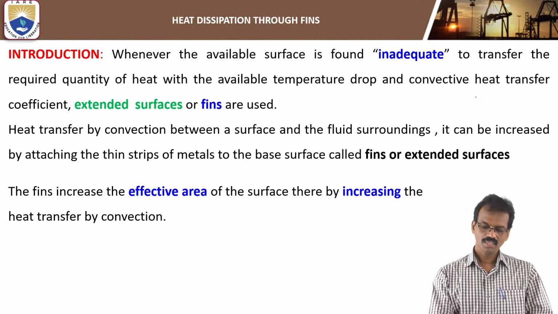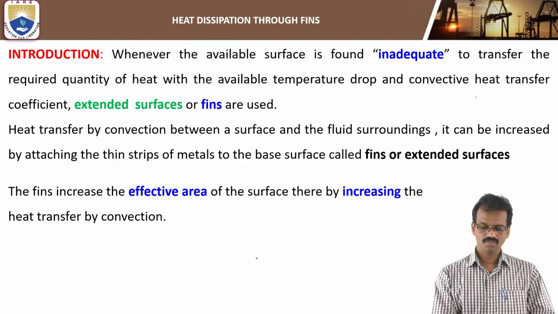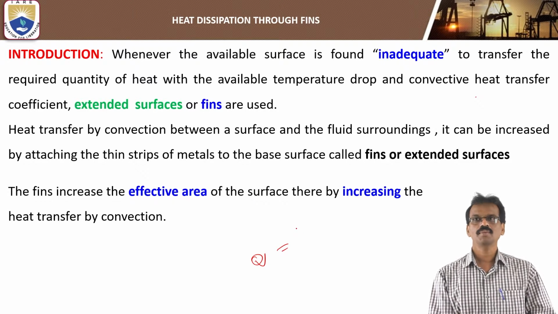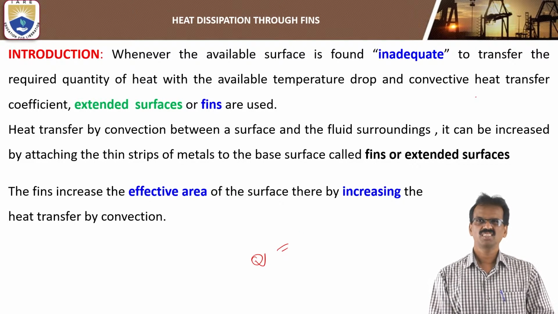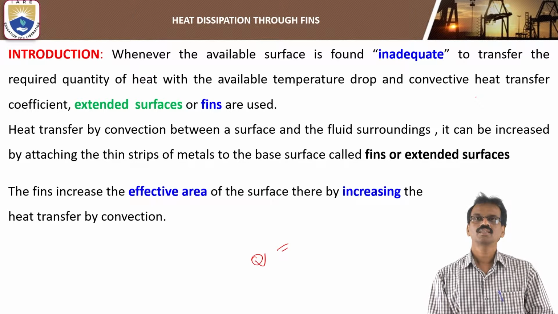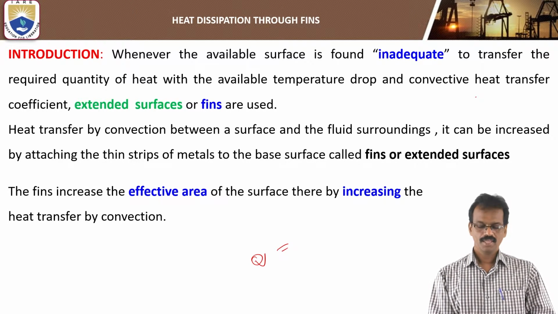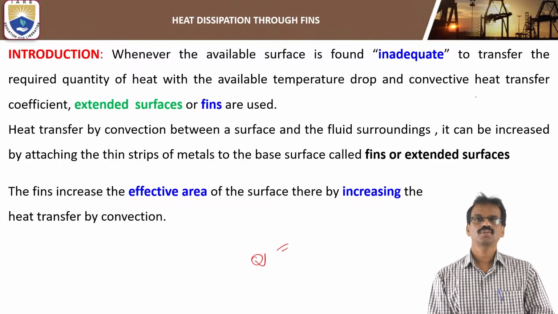So we already derived the formulas for the rate of heat transfer Q for the slabs, the cylinders and the spheres. We also covered the critical radius of insulation for the cylinders and the spheres.